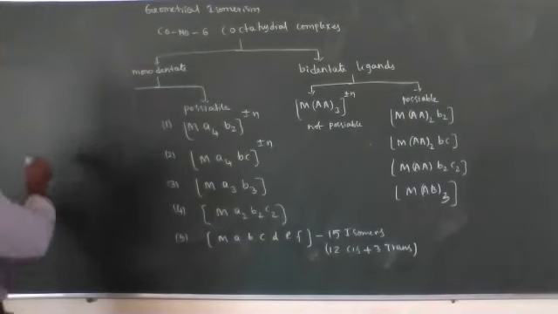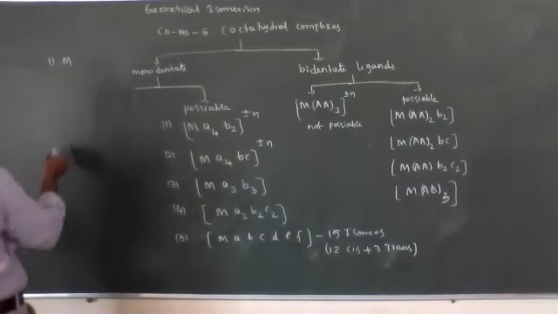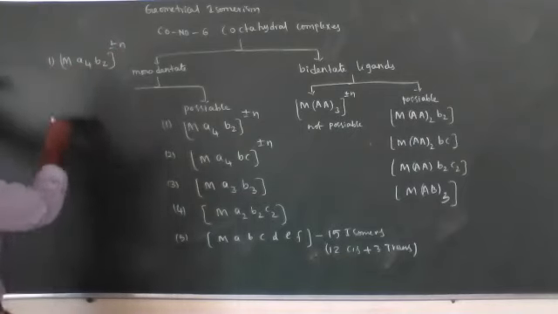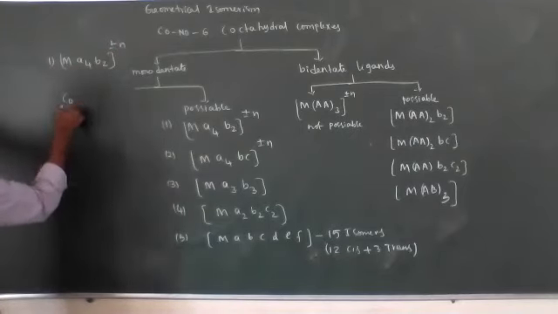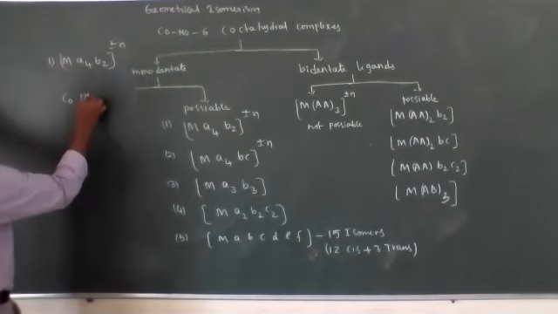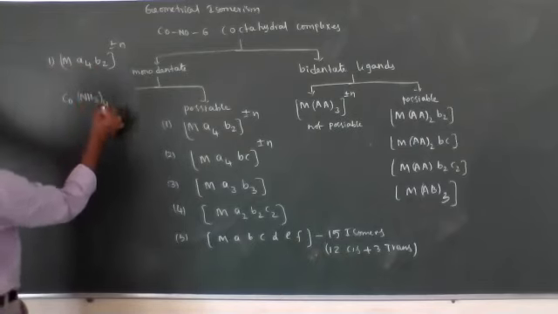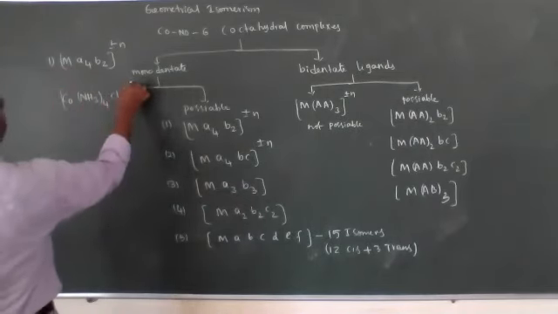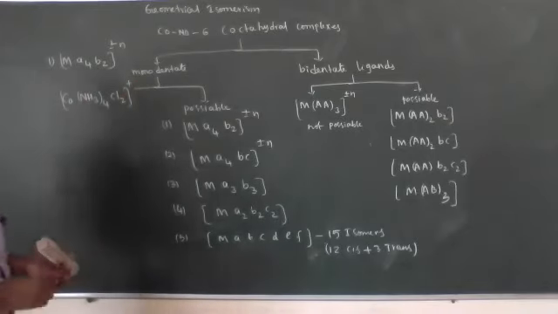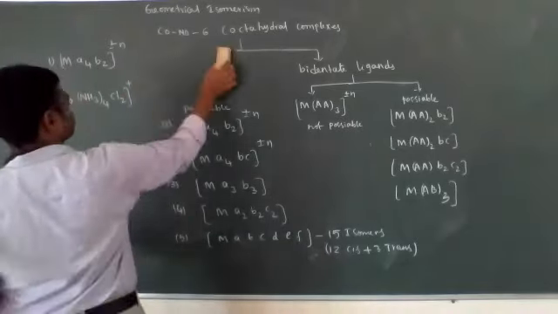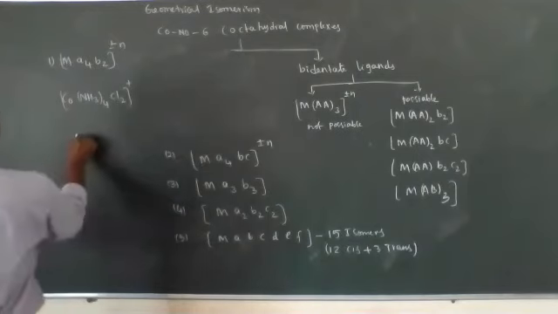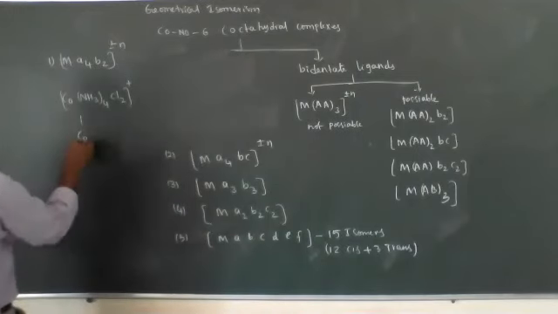Let's see examples. The first one, MA4B2, for example [Co(NH3)4Cl2]+. It exhibits cis and trans geometrical isomerism. Cobalt is the central metal atom.